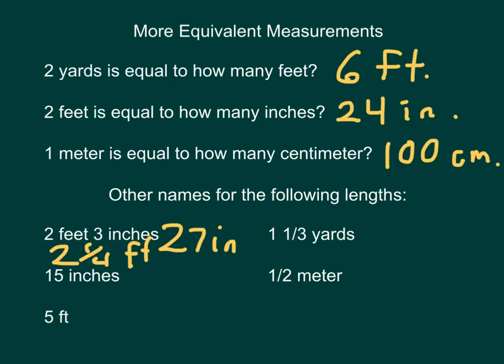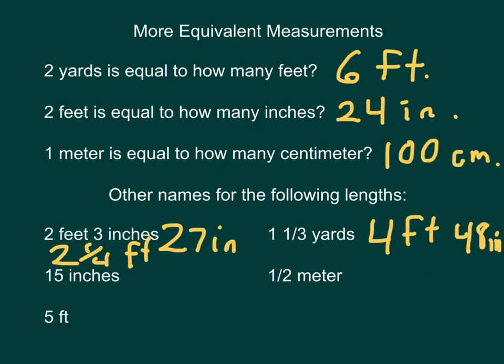If you have 1 1/3 yards, you could label that as 4 feet, because 3 feet equals 1 yard, and then you have another foot, which is 1/3 of a yard. Another way you could say it is 48 inches. That's the same as 4 feet.